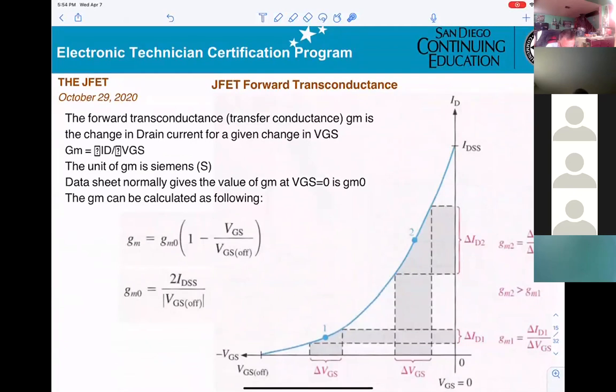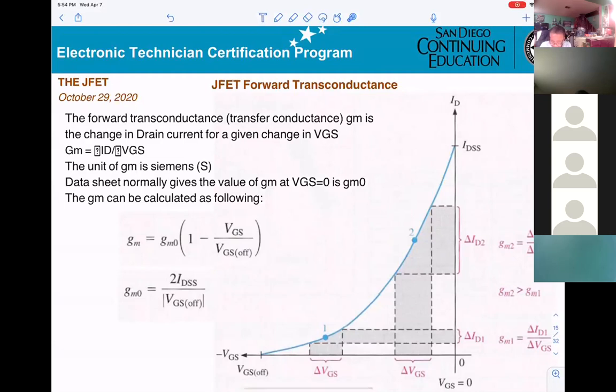The forward transconductance, that means the line here. GM is the change in the drain current for a given change in VGS. So GM equals delta ID divided by delta VGS.